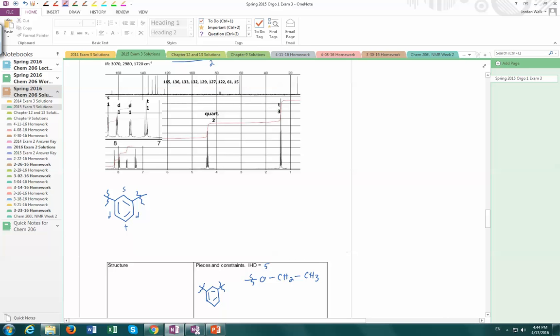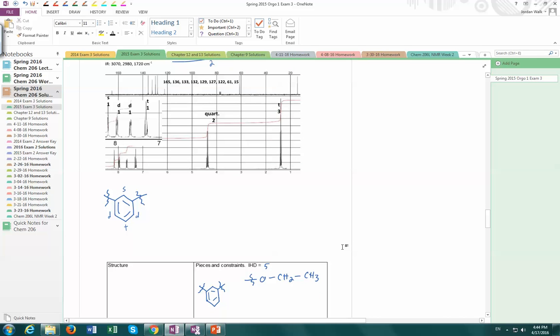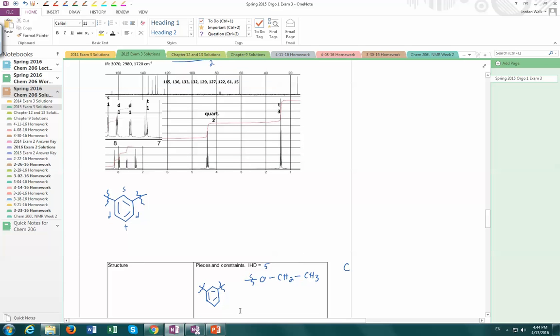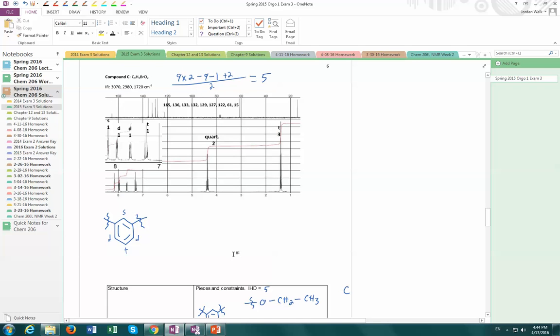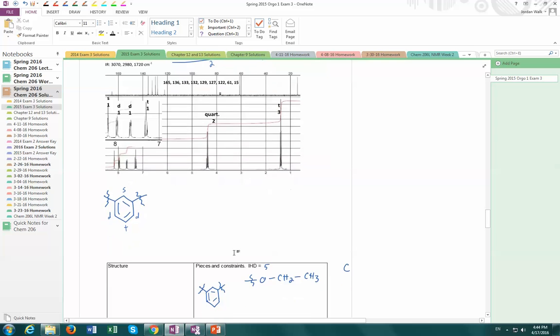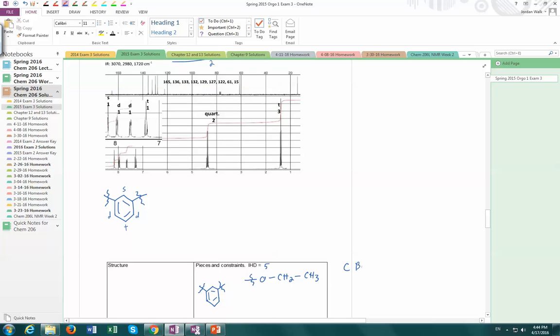We have a C9, we've used 1, 2, 3, 4, 5, 6, 8. So we have a carbon left. It was H9, so we've used 1, 2, 3, 4, 5, 6. We've used all of our hydrogens, is that right? Yeah, so we have an oxygen and a bromine left. Is that all we've got left? So that's all we've got left.